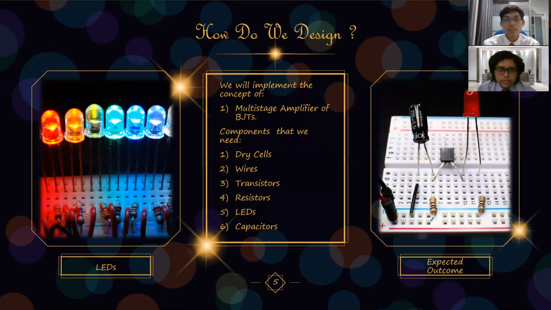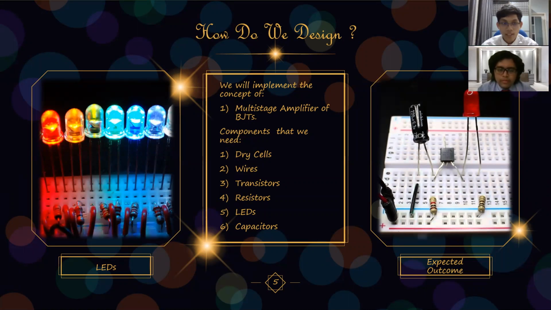How do we design? We design by implementing the concept of multi-stage amplifier of BJTs. There are 6 components that we need. Firstly, dry cell. Secondly, wires. Next, transistors, resistors, LEDs, and capacitors.